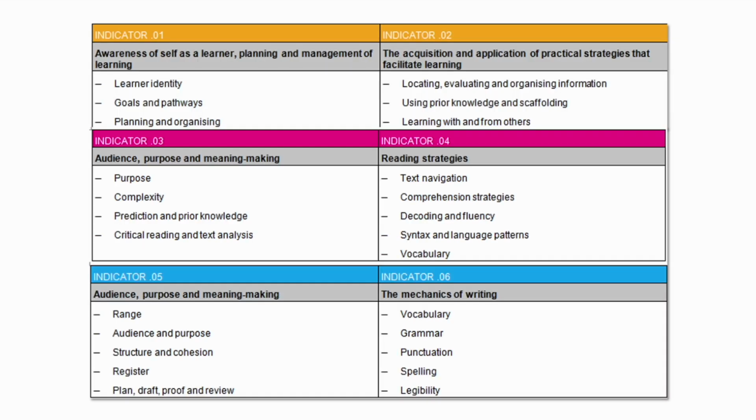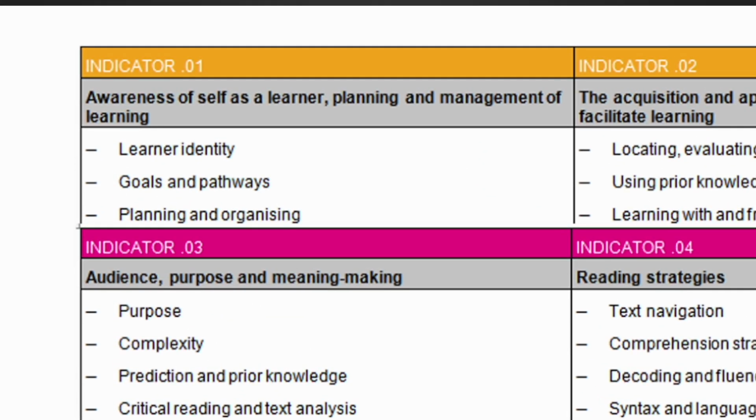A further breakdown of each of the indicators is provided within the ACSF. This really allows us to get into what each of the indicators is trying to measure. 0.01, which was the first learning indicator, and talked about awareness of self as a learner, can be further identified by looking at these 3 other points: learner identity, their goals and pathways, and how they plan and organise.